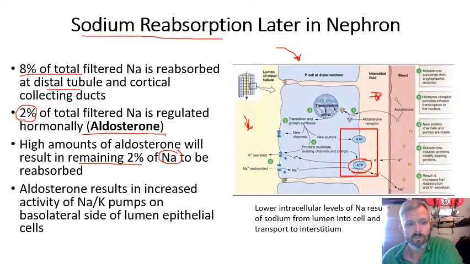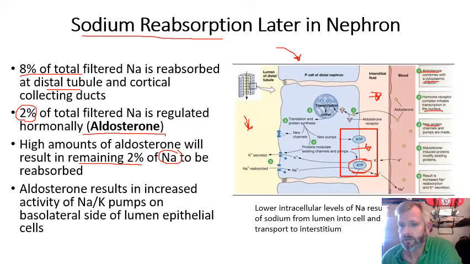But walking here, aldosterone has a cytoplasmic receptor. Okay, initiates transcription, right? And new protein channels and pumps are made. These protein channels and pumps, right, the sodium-potassium pumps, if we insert more of these sodium-potassium pumps, we're going to get more sodium to be reabsorbed.